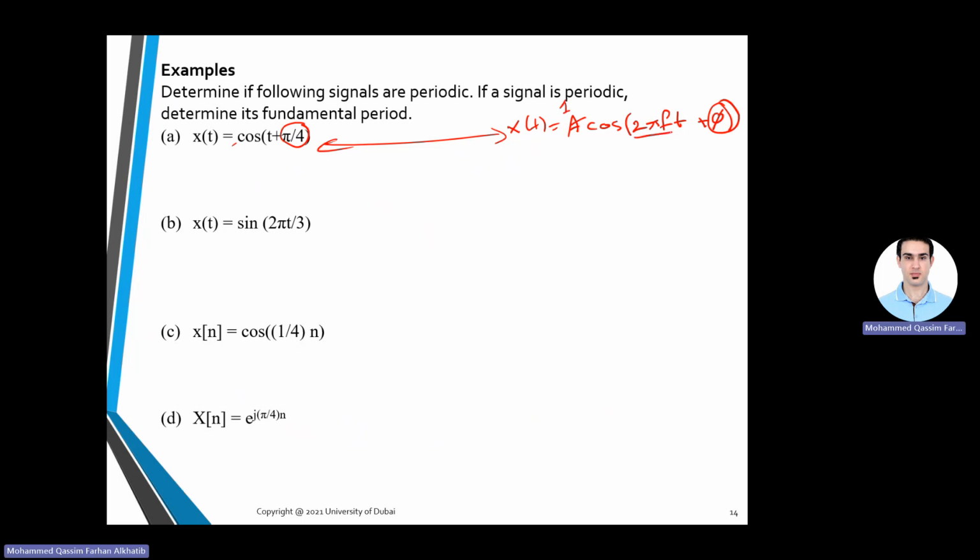Now I have this one, 2 pi f t. We can also write it another way, 2 pi over T, as another expression of frequency, 2 pi f or 2 pi over T. Here I have t equal 2 pi f t. The t and t will cancel. I have 1 equal 2 pi f. So here f equals 1 over 2 pi.